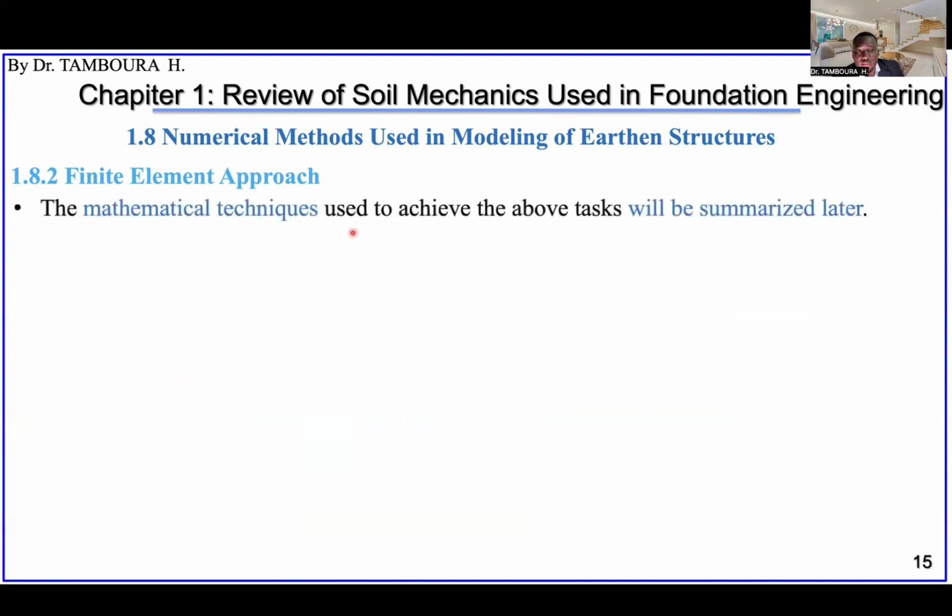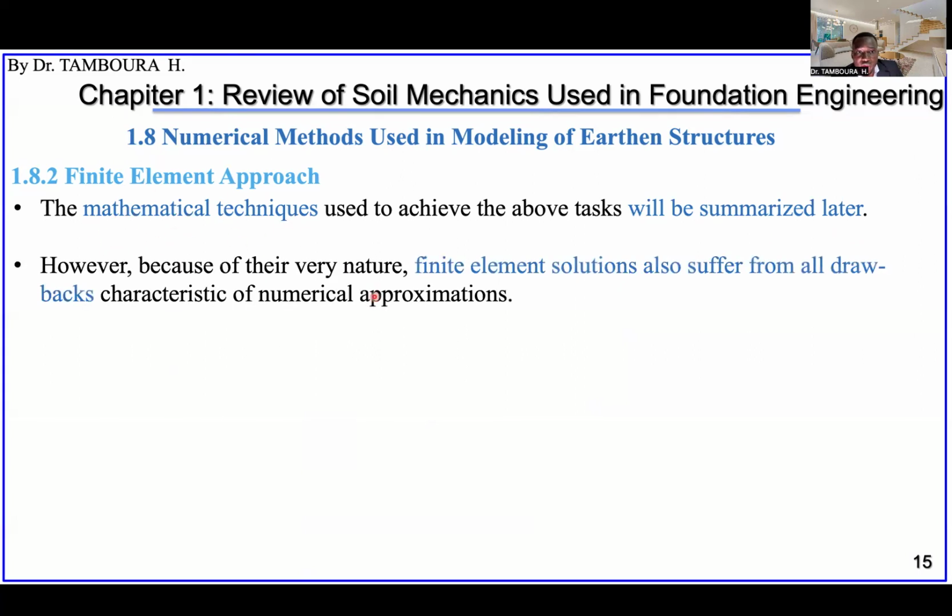So the mathematical techniques used to achieve these above tasks, the 3 points of the philosophy of FEM, will be discussed later. As I said, the next video will be about the mathematical techniques, the equations.